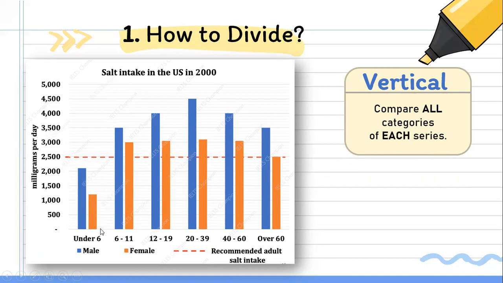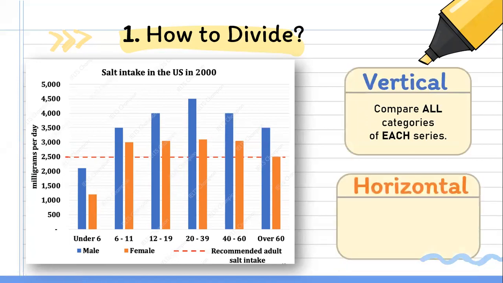So you can say, in terms of under 6 children, the boys consumed much more salt than the girls, and then keep going for each category and series. But if you do so, you will need to depict 6 series.